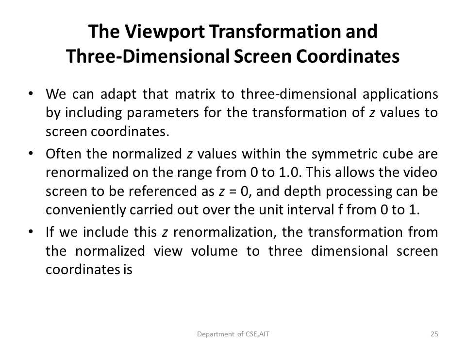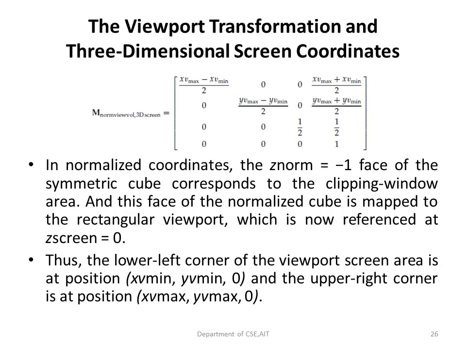After normalization from -1 to 1, now we are going for normalization to 0 to 1. If we include this z normalization, the transformation from the normalized view volume to the three-dimensional screen coordinates will be given by the matrix, which is called the normalized view volume to 3D screen matrix.